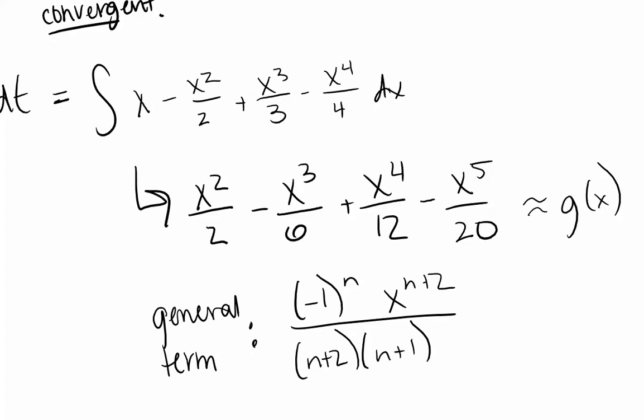So here for the x to the fifth, it'd be 5 times 4, so over 20. 4 times 3 over 12. 3 times 2 over 6. So you can see how we get that. And then this is for n greater than or equal to 0.